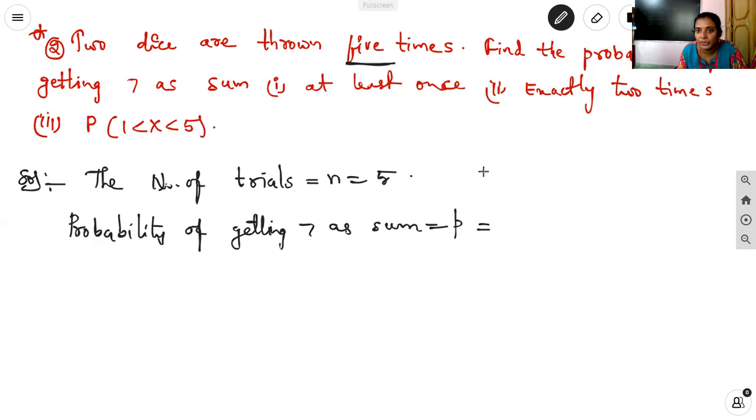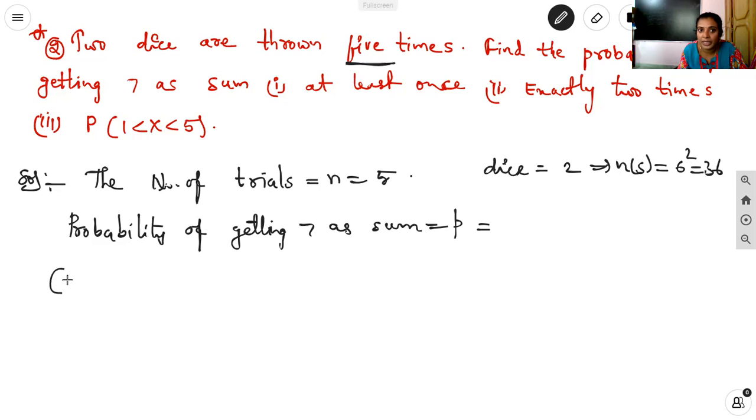Here the number of dice is 2. So the sample space, that is the total outcomes, is 6 square, 36 total outcomes.